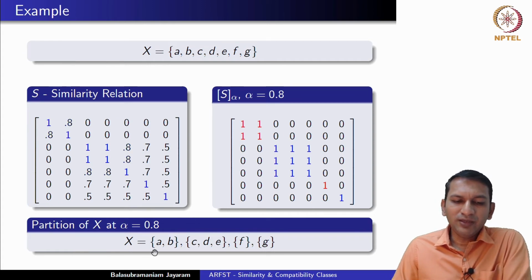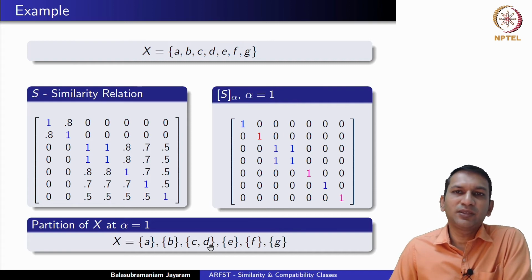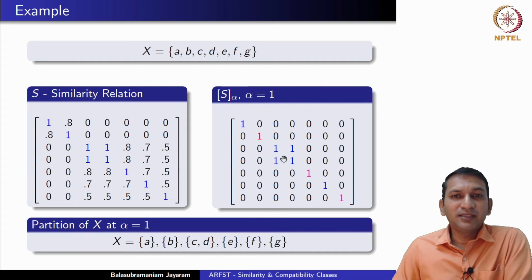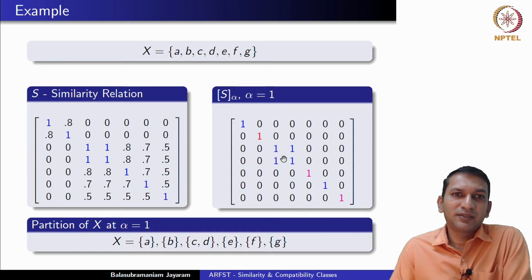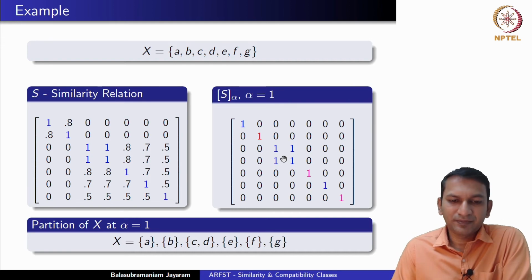Now if you go to 1, then these are the elements that will remain, and the corresponding indicator matrix is this. And from here you see that even A and B start to separate, but C and D actually stay together. That means C and D are related to each other under this relationship to a degree 1. In essence, they are saying that there is not much difference between C and D.